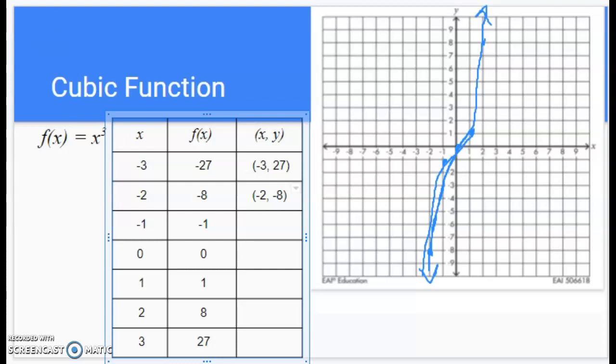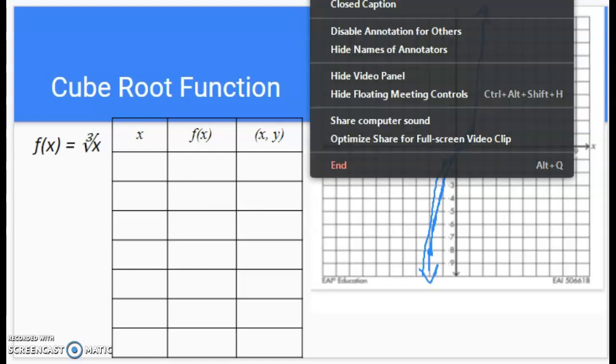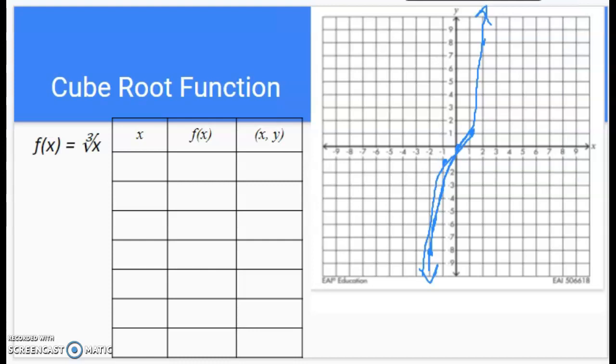Now the last one that we have is our cube root. Just as quadratic, or squared, is related to the radical square root, cube and cube root are also related. So we're going to do this next one.